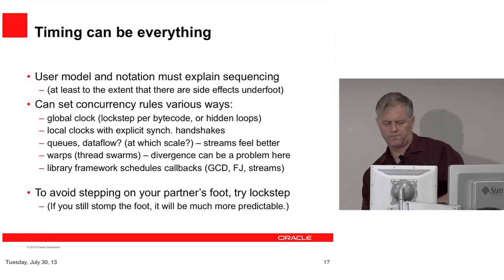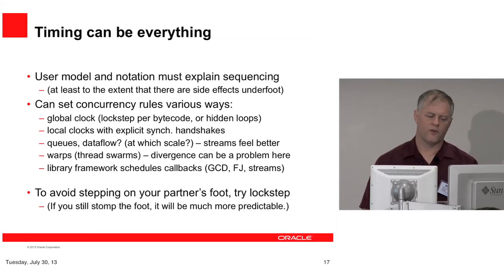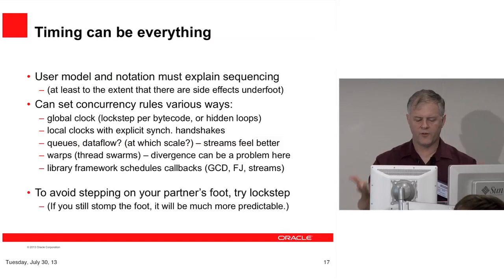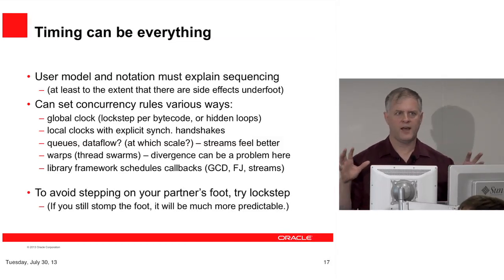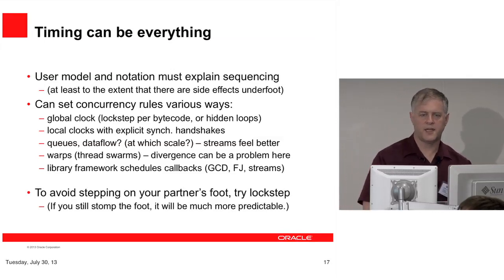I think for most users, though, the best way to think about and to advertise the sequencing of effects in these data parallel notations is to have a framework that we'll call callbacks. And so streams is an example of that.